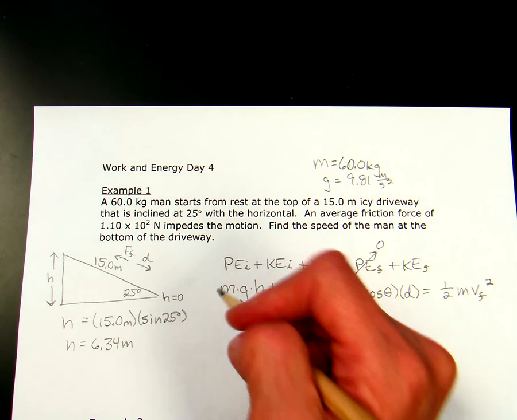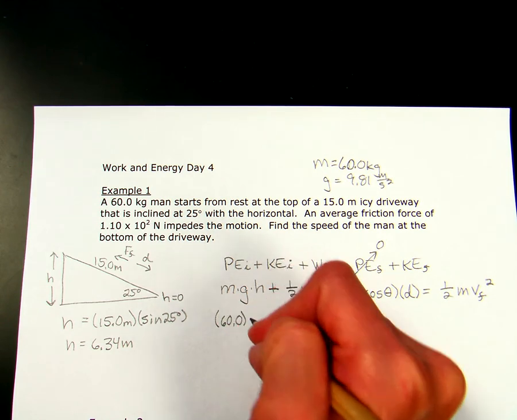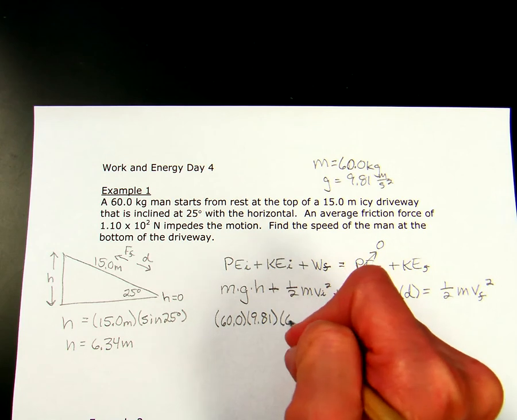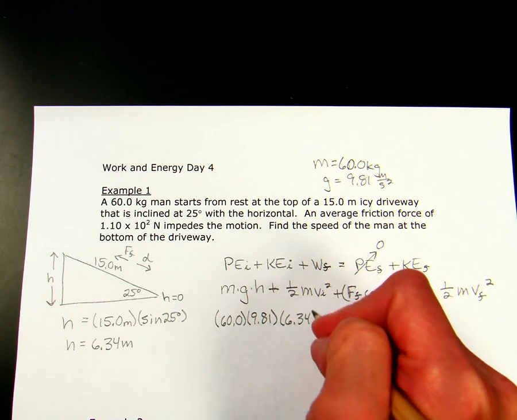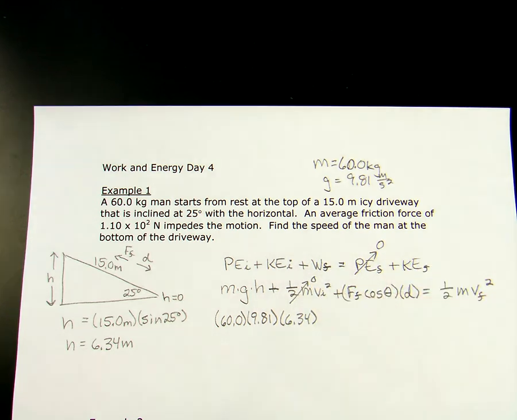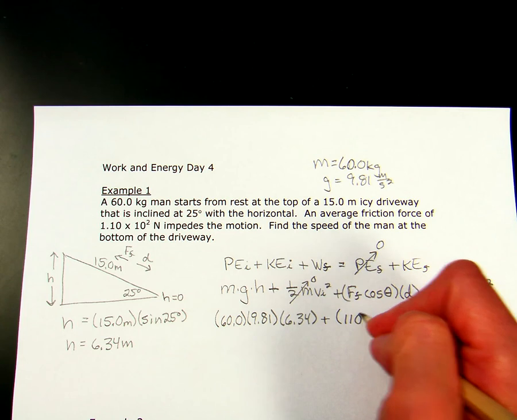So I'm going to place some numbers in. This is 60 times 9.81 times 6.34. My initial velocity is 0, so that term goes to 0, plus my force of friction is 110.